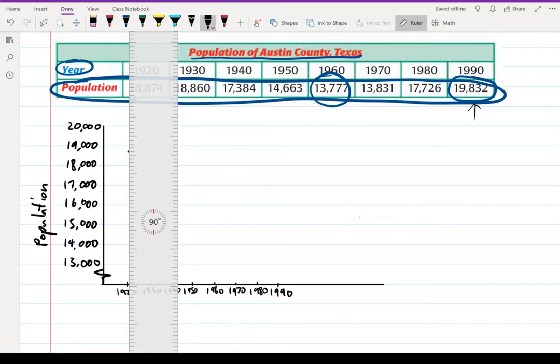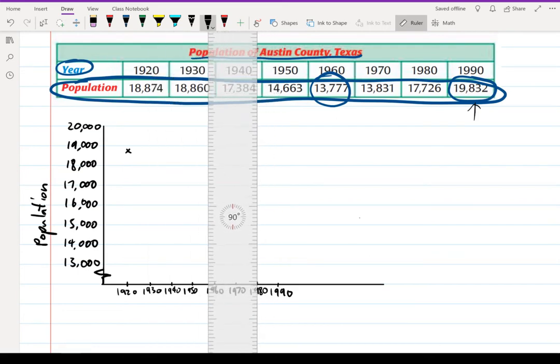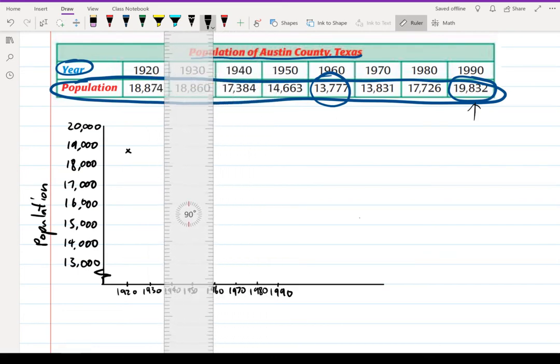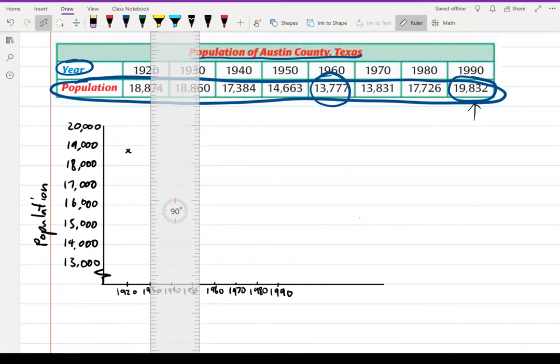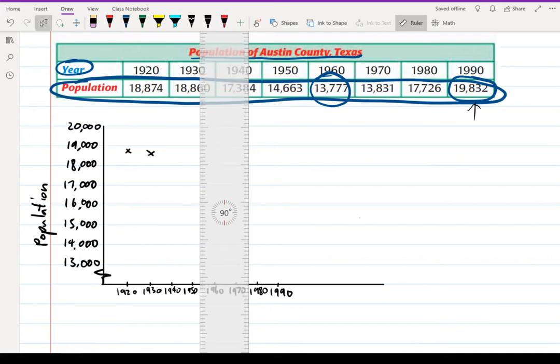I'm going to do a dot over there. Okay. And then for 1930, that's 18,860, which is fairly close. It's just very slightly less. So you don't need to reduce it by that much.